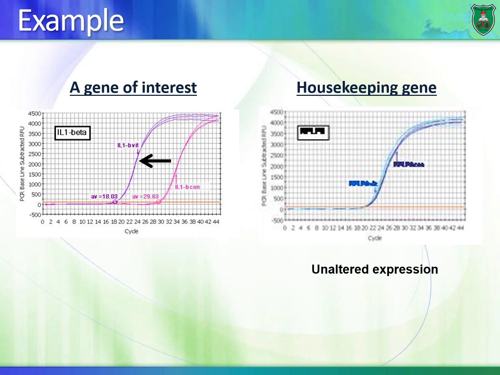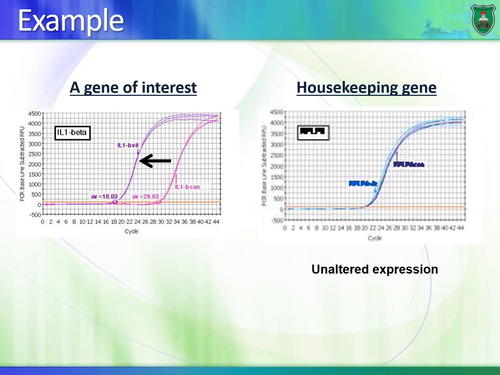Okay, so let's say that for sample 1, I'm using a concentration of 1 microgram of RNA as a starting material, and for the other sample I'm using 10 micrograms. Well, this is really a huge difference, right? So I'm going to see that the gene that I'm analyzing for its expression, the one with the 10 micrograms of total RNA, this gene would appear early on by real-time PCR. But this is an artifact. It is not an accurate assessment, right? Why? Because I'm using a different total amount of RNA.